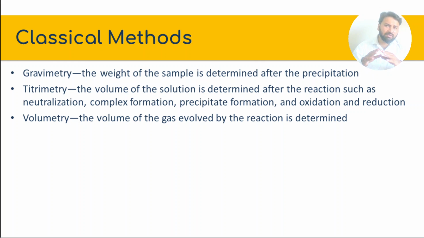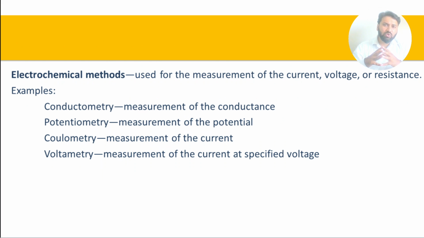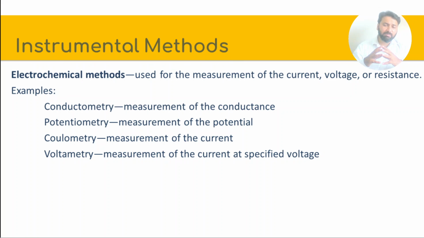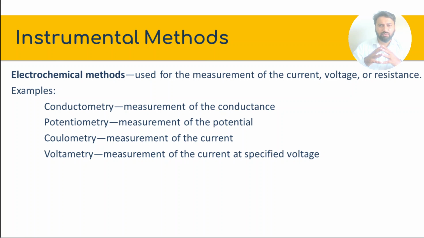Now, this is about the classical methods. There are also instrumental methods, in which we use instruments and equipment, like the electrochemical methods, which are used for the measurement of current, voltage, or resistance.